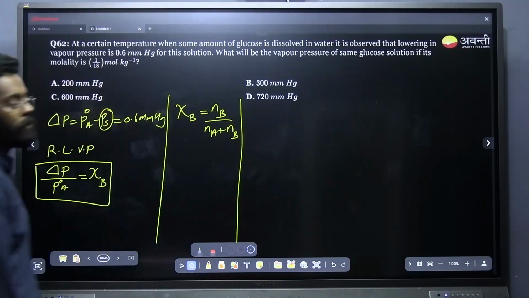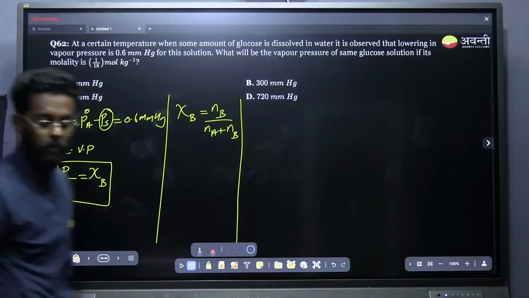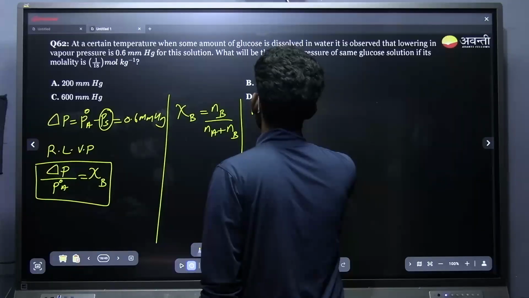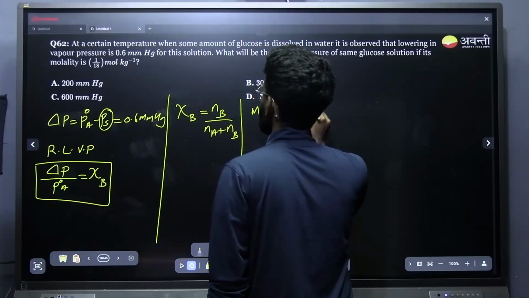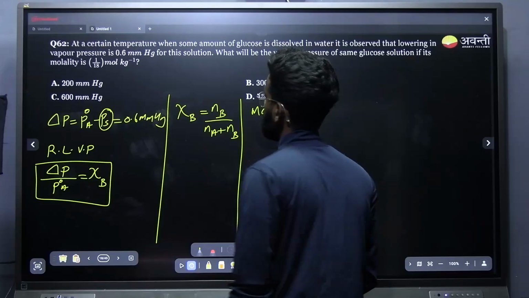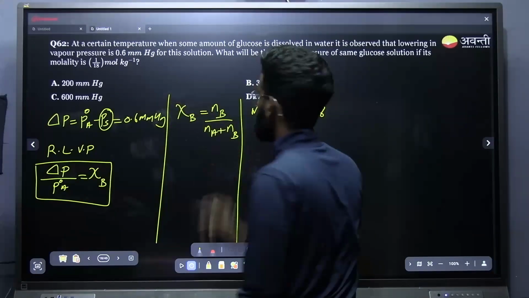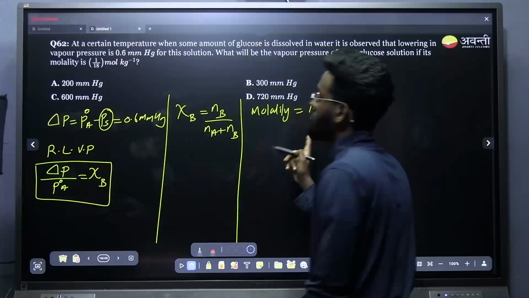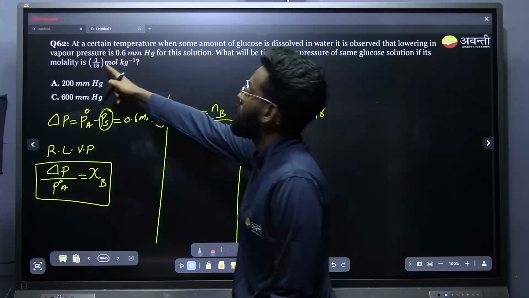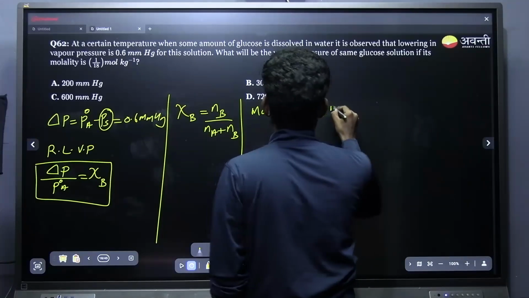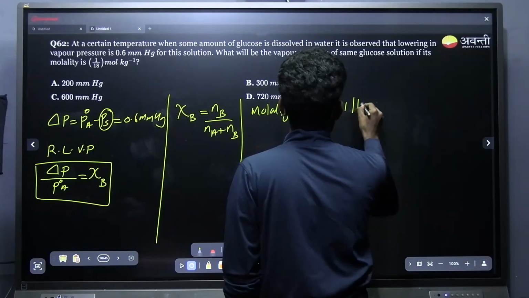How can we find out number of moles of solute and number of moles of solvent? For that, molality is given. Molality is equal to 1/18 mole per kg. Mole per kg, which means what? Which means that 1 kg of solvent is having 1/18 mole of solute. 1/18 mole per kg.